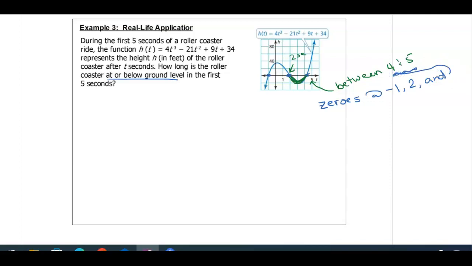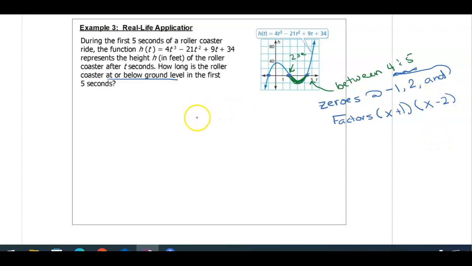So if we have zeros at -1 and 2, two of our factors are going to be x plus 1 for the 0 at -1 and x minus 2 for the 0 at 2.